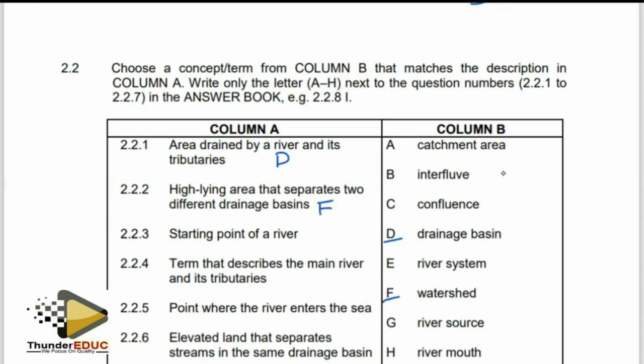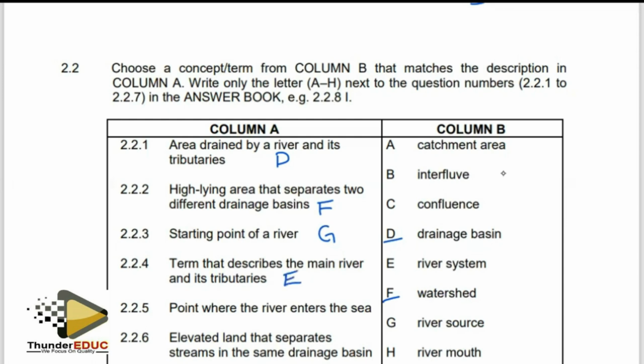2.2.3, starting point of a river, that will be the source, which is G. 2.2.4, term that describes the main river and its tributaries, that will be E, which is the river system.